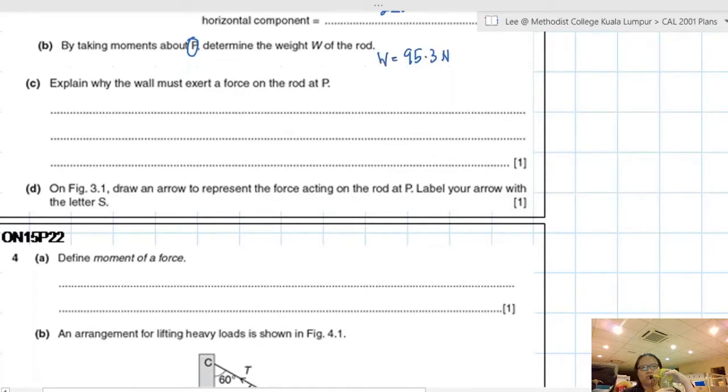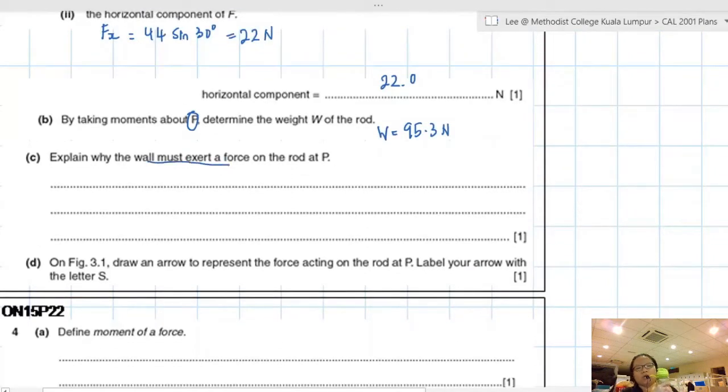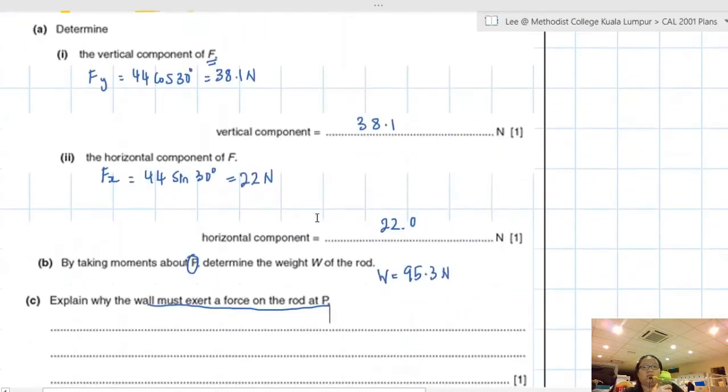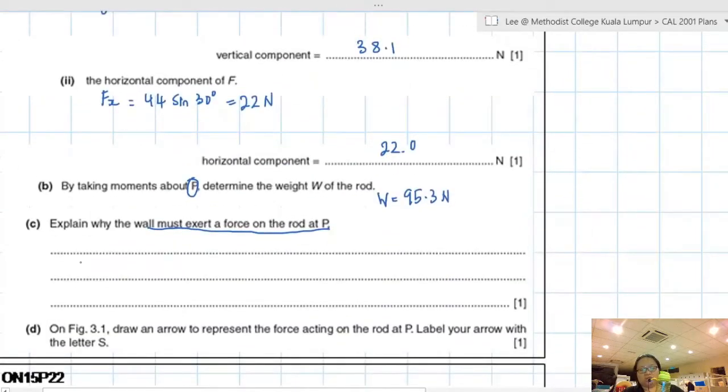So you get 95.3. Explain why the wall must exert a force at point P. Well, look at the 44 sine 30. If there's no normal force, who on earth is going to cancel off the 44 sine 30? It ain't going to be me, right? So you can just say opposing horizontal force directed away from the wall or to the right.